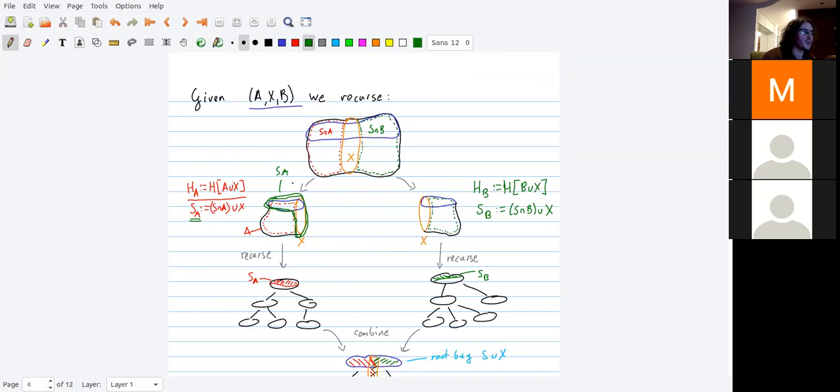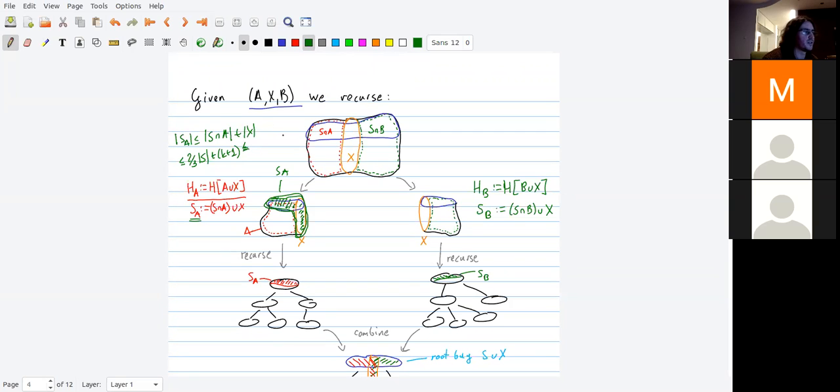So now, if this is my new SA, what is the size of SA? Now comes the crucial point why we were splitting this in a balanced way. The size of SA is at most the size of S intersection A, this part, plus the size of X, which is this part. S intersection A is like 2/3 of the size of S. The size of X is k plus 1, from this balanced separator.